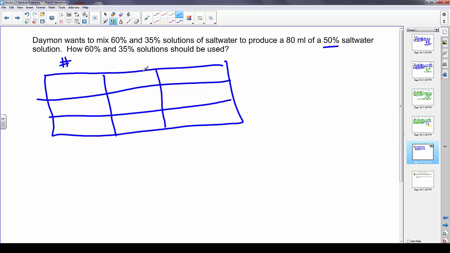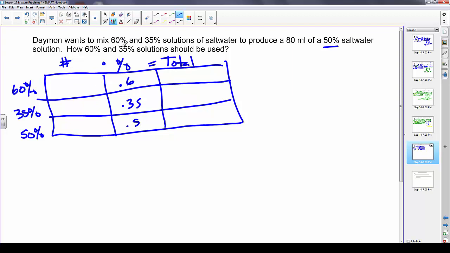The number of liters we're adding, milliliters in this case, the percentage, multiply across, get a total. We're combining 60% to 35% in order to get a stronger 50% solution. Once again, percentage for each are given to us.